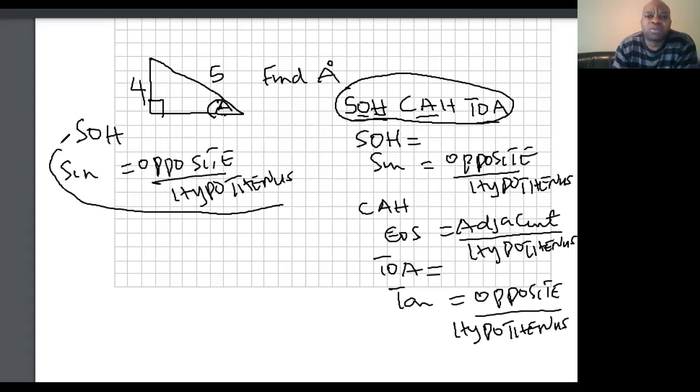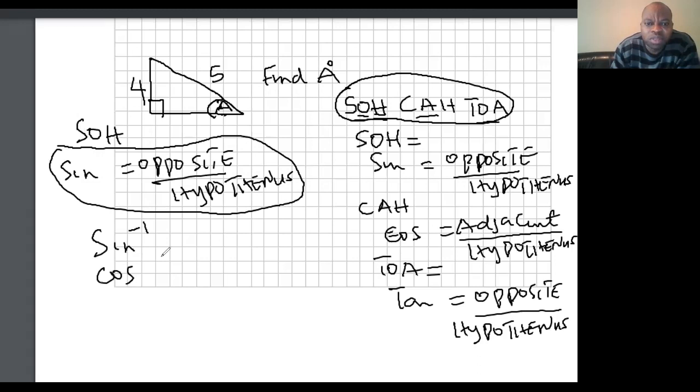But meanwhile, whenever you're finding an angle, there are things you should know. You should use the inverse function on your calculator, the second function. So you're using sine inverse, cos inverse or tan inverse, depending on the information. If you are dealing with SOH, you are using sine inverse.